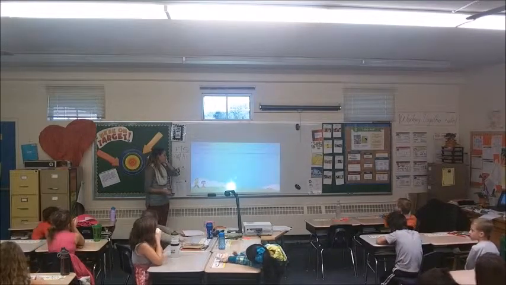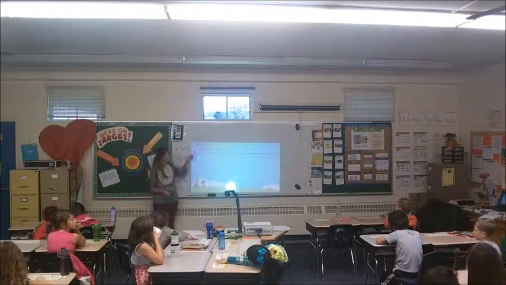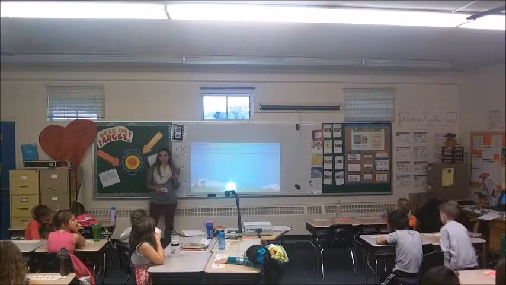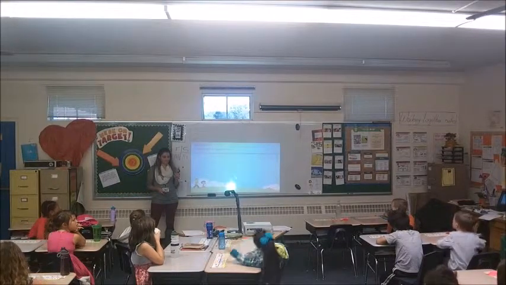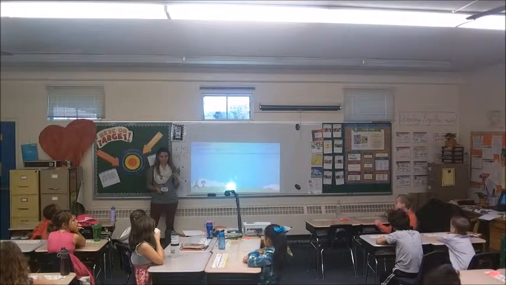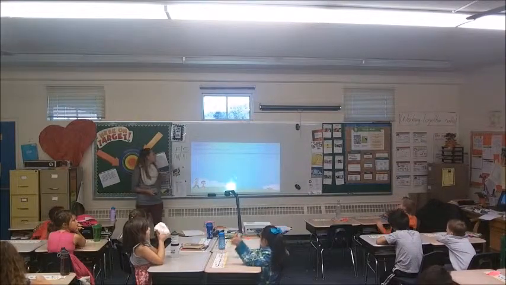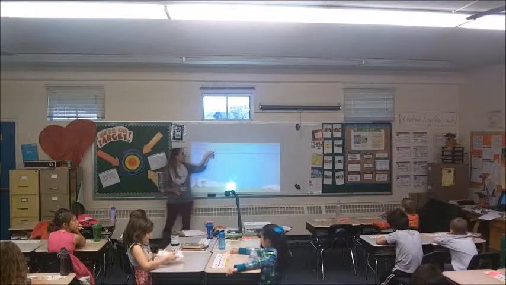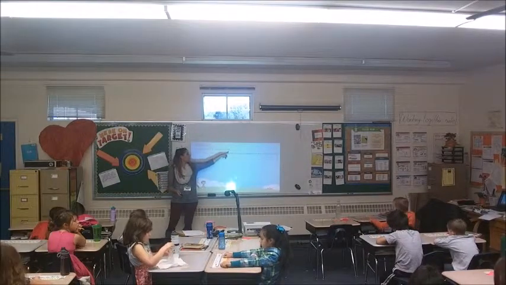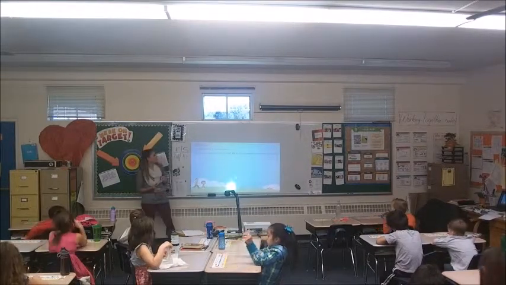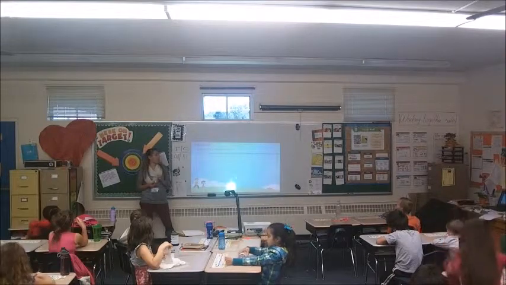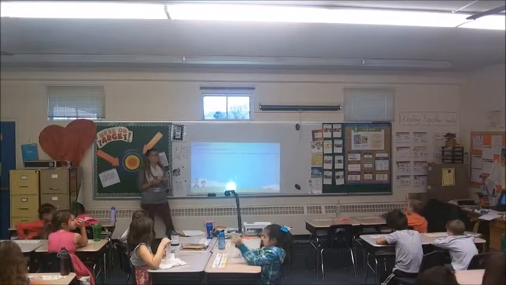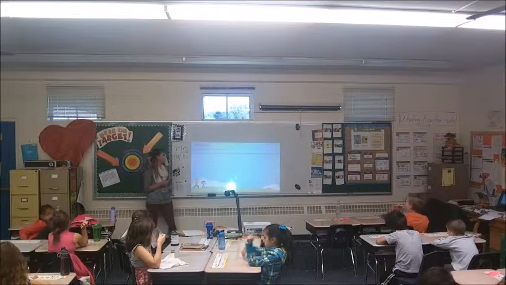Right on. Okay, now we're going to learn what to do with long vowels. What does a long vowel do? It makes its name. Exactly. Okay, in this case we're doing words ending in E: faith, hope, life. When a long vowel sound is at the end of a word, drop the E and add ED or ING.